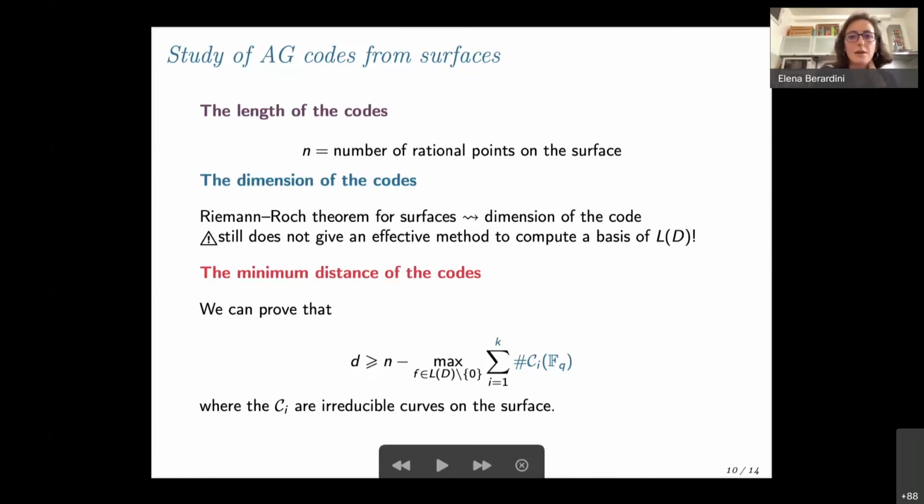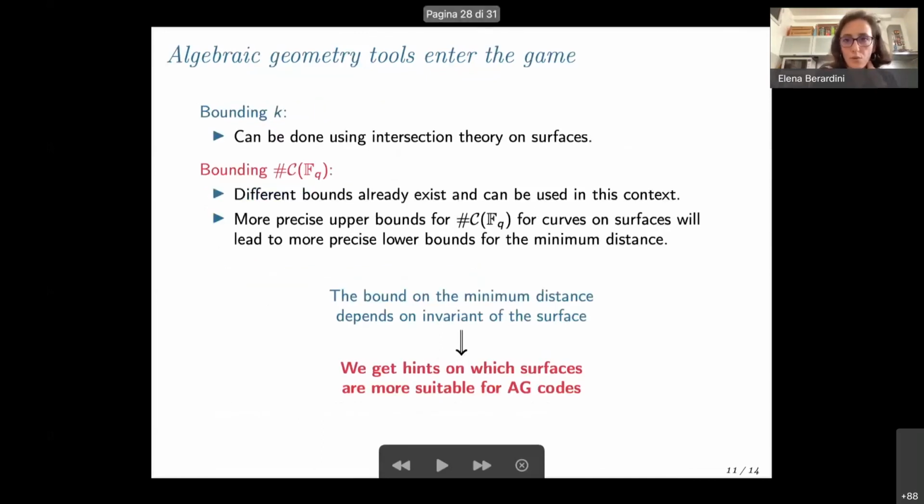And here is exactly where we can use tools from algebraic geometry in order to study these codes.